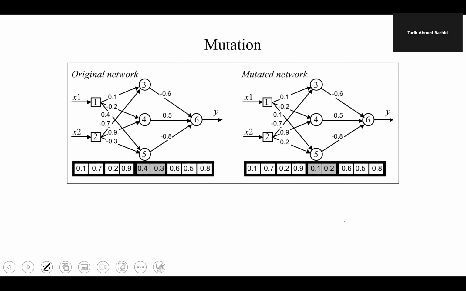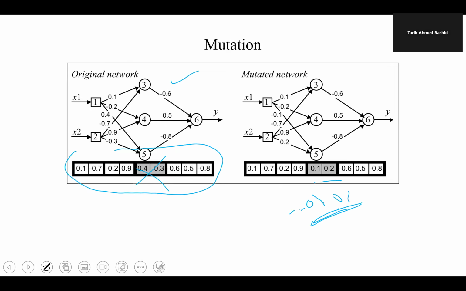So mutation, we said that mutation can be implemented on one child, one original network. For example, this network chromosome is 0.1, 0.7, 0.2, and so on, till minus 0.8. That is the network. So if we change these 2 bits, then that's mutation. And we randomly allocate minus 0.1 and 0.2.